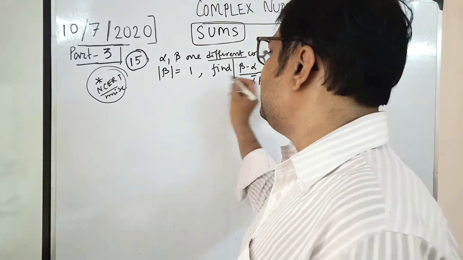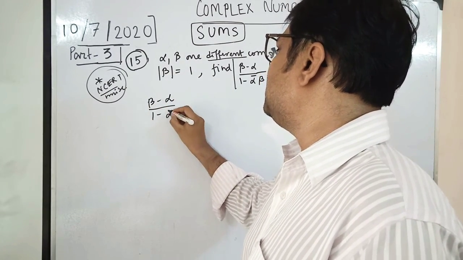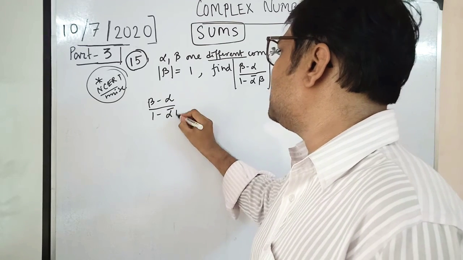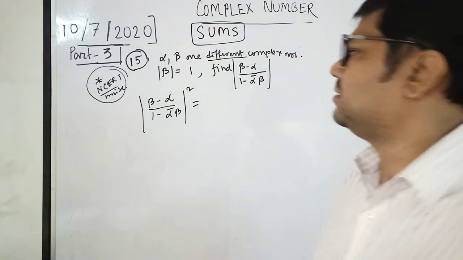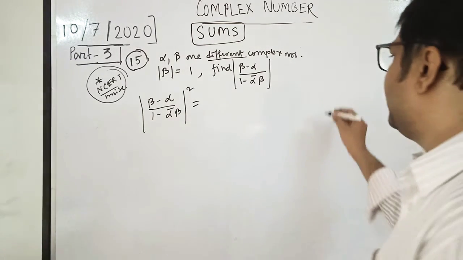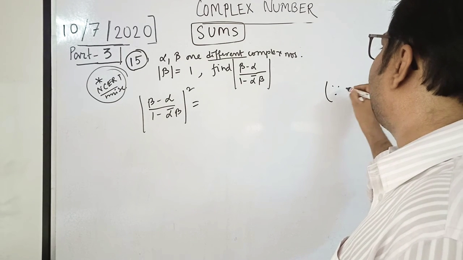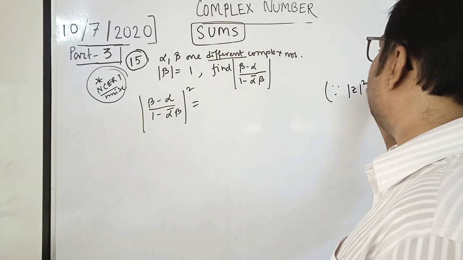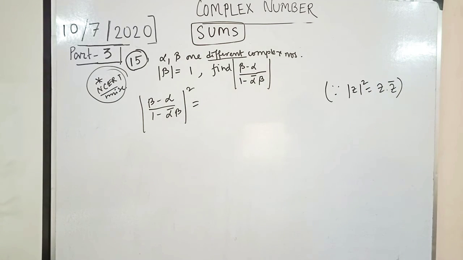So we start with 1 minus alpha bar beta, whose bar means conjugate of this. We start by squaring this. Okay, why so? Because here look at it. We can use a formula which is mod z square, it's z into z bar. So this is a property.